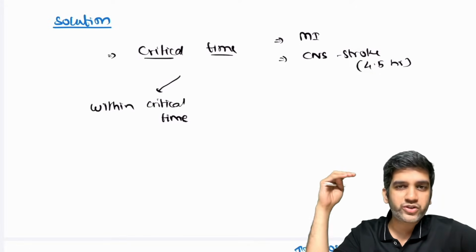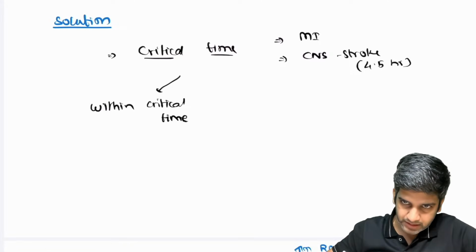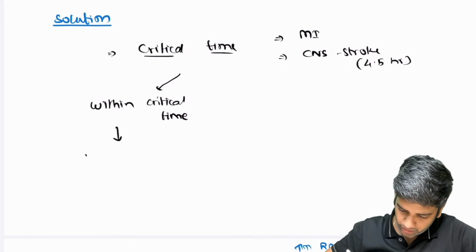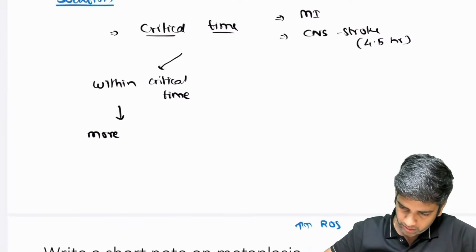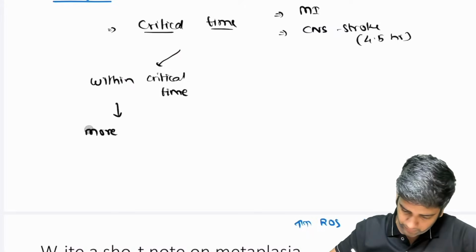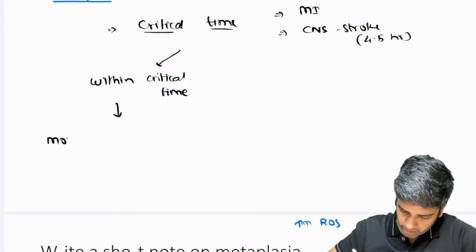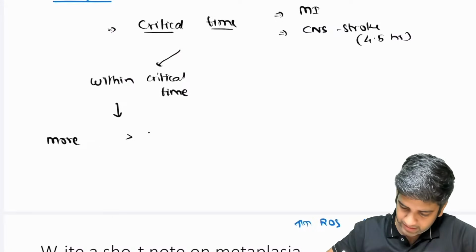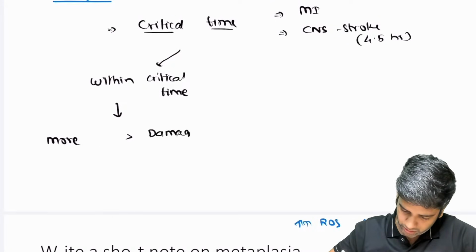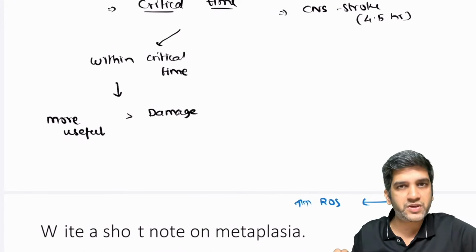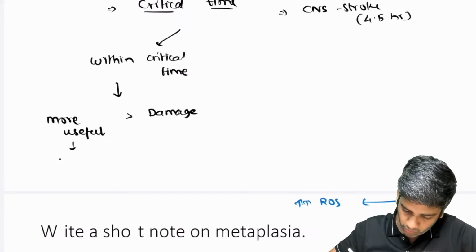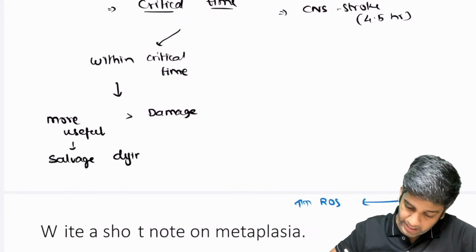Then you will have more use than damage. Which means, yes, here also I'll have reactive oxygen species induced damage, but here it'll be more useful, in the sense that I'll be able to salvage the dying tissue more than damaging it.